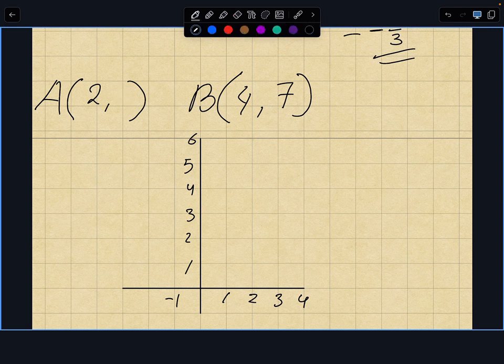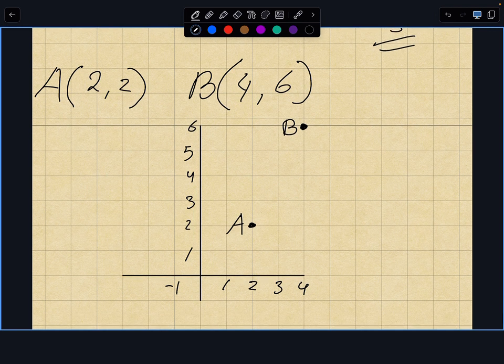Let's do 2, 6. So I have space. So where is A? This is A. Where is B? B is here. I would like to know the linear equation that belongs to the two coordinates. This is my x value, and that is my y value.